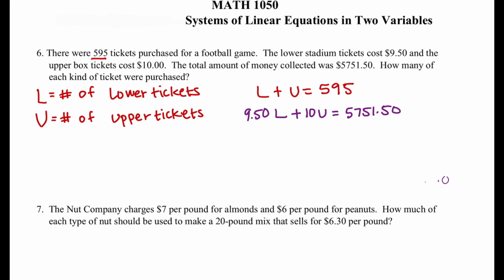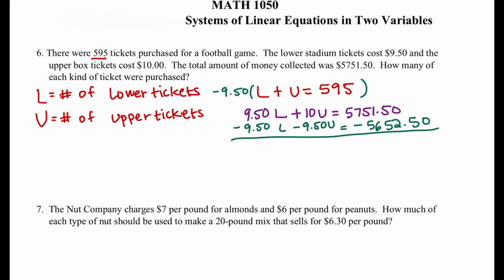Okay, so what we need to do is we need to multiply the top one by a number to eliminate one of the variables. So if I times this top one by a negative $9.50, I will get negative 9.50L minus 9.50U, and that will equal negative $5,652.50.